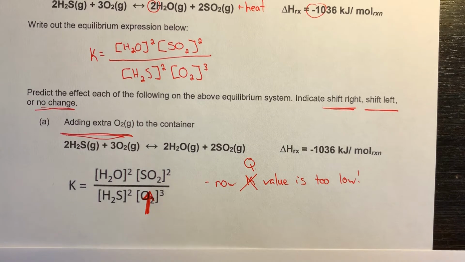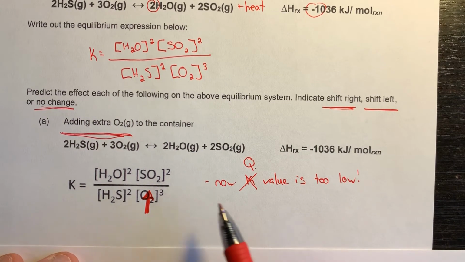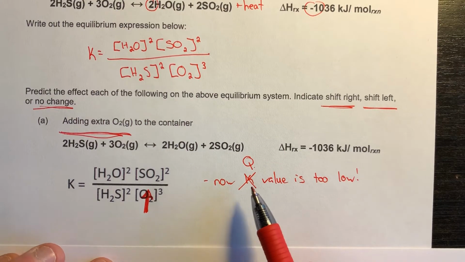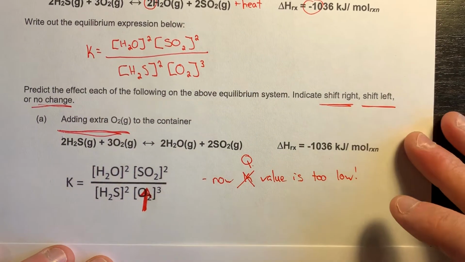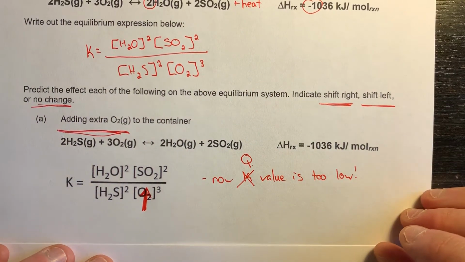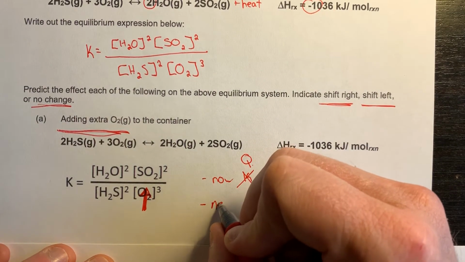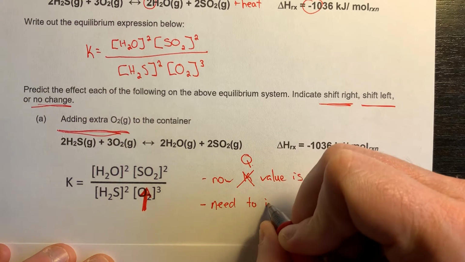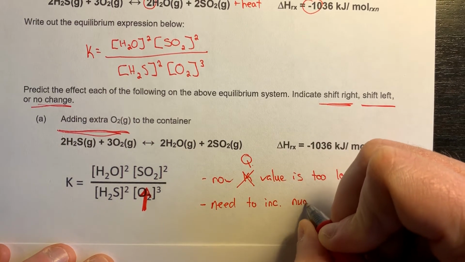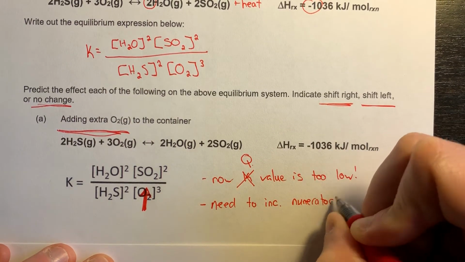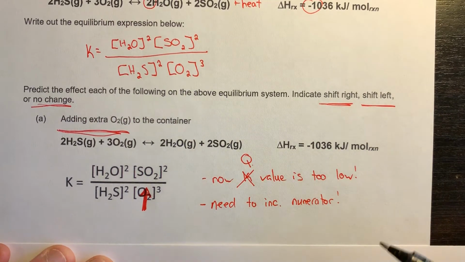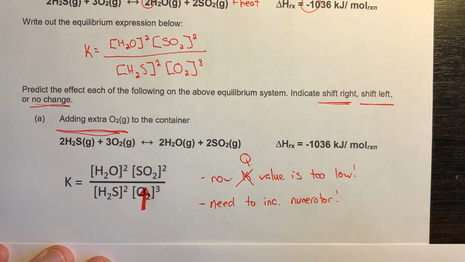Well, obviously, I think conceptually this should make sense. If we've decreased the value of Q, or you might say the value of K, but really Q, we need to find a way to increase that, right? So what we need to do is increase our numerator. Well, the only way to increase our numerator is to increase the amount of product, right?